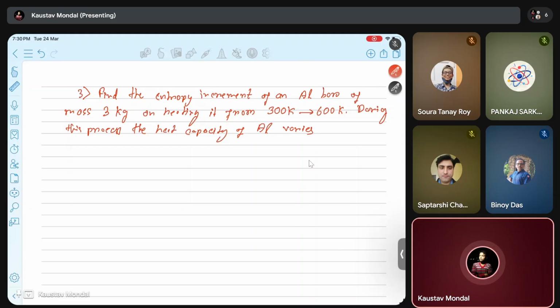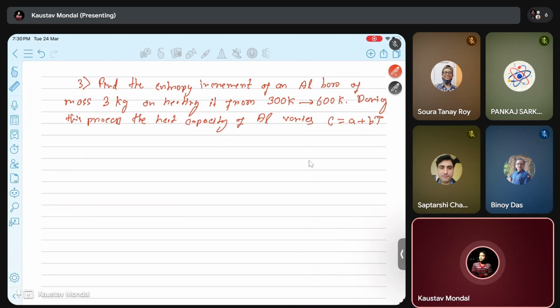It varies like this: the expression is equal to A plus BT. So the heat capacity of aluminum varies with temperature linearly, where A is equal to 0.77 joule per gram Kelvin and B equal to 0.46 millijoule per gram Kelvin square.